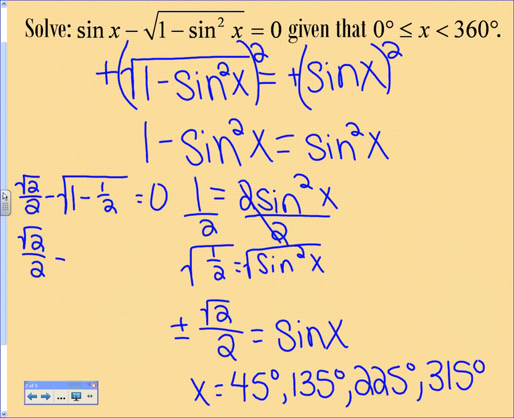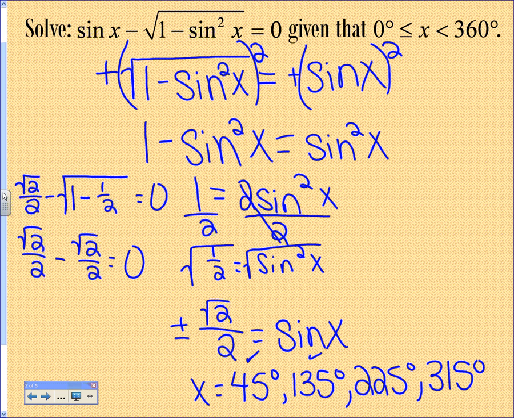What is the square root of, well, what is 1 minus 1/2? What is the square root of 1/2? Does that work? Okay, so 45 degrees works and 135 degrees works. Now, when we go back and check it, what is the sine of 225?